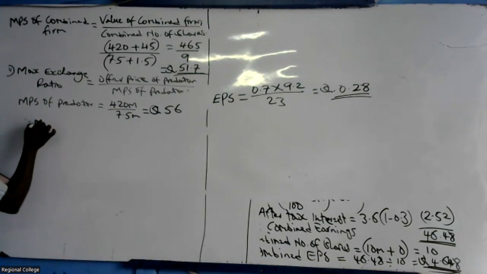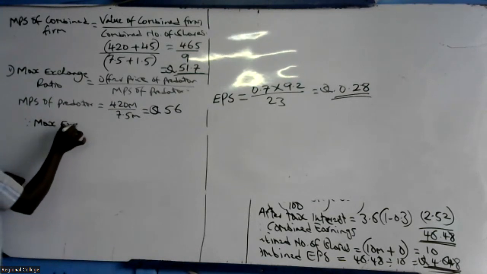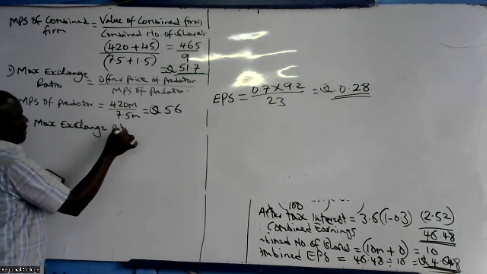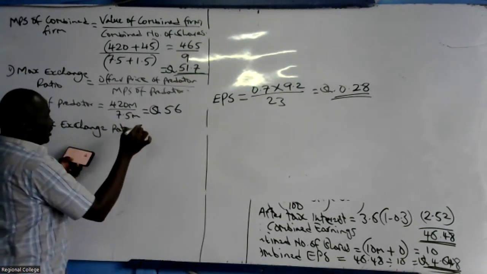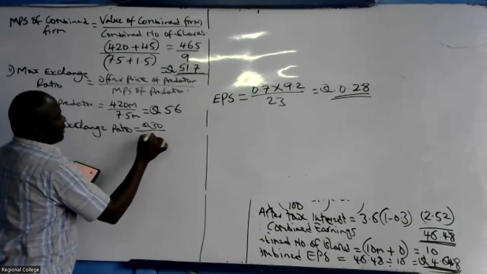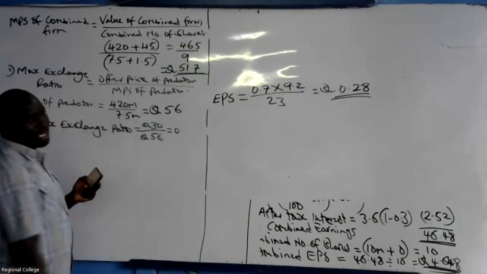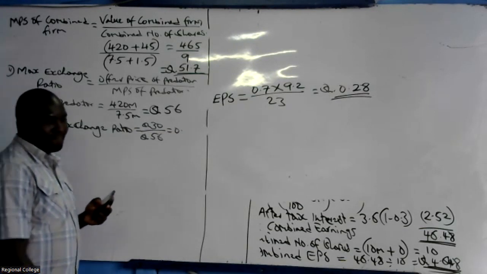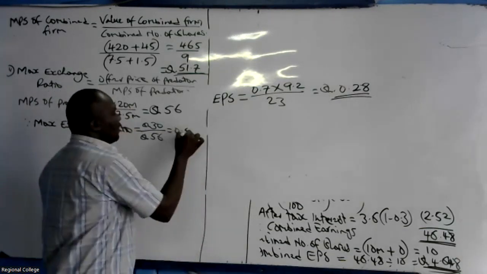Therefore the maximum exchange ratio is 30 shillings divided by 56, which is 0.54.